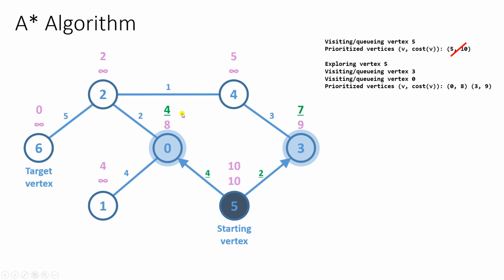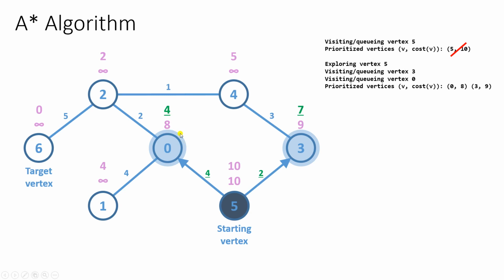The total cost of a vertex is calculated in a very simple way. You just take a look at its heuristic function value, its estimated distance to the target vertex. For vertex 0 this is equal to 4. So 4 plus 4 equals 8.